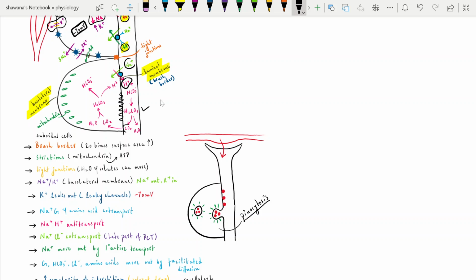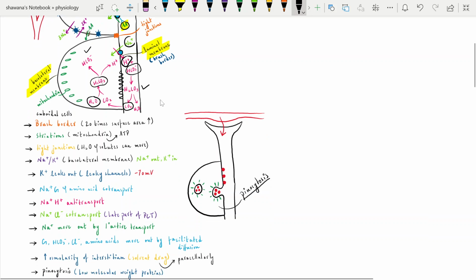This carbon dioxide moves into the cell by diffusion and combines with the water present already inside the cells, again form carbonic acid, and this carbonic acid dissociate to proton and bicarbonate, and this is the bicarbonate that we are making from the filtered bicarbonate by indirect process. This is not a direct reabsorption, it's like indirect processing of bicarbonate.